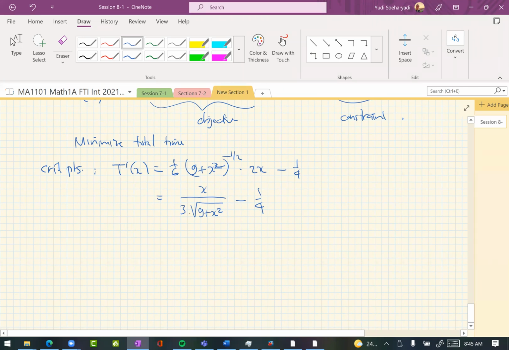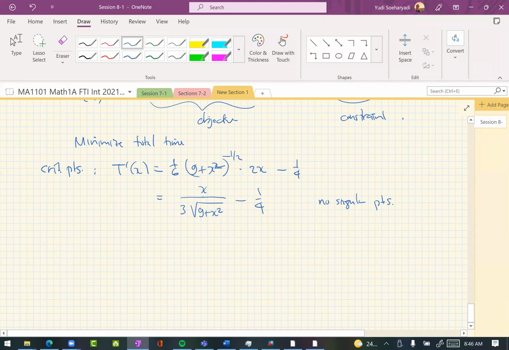This is a positive thing, so you won't get any singular point. You see why I said there's no singular point?